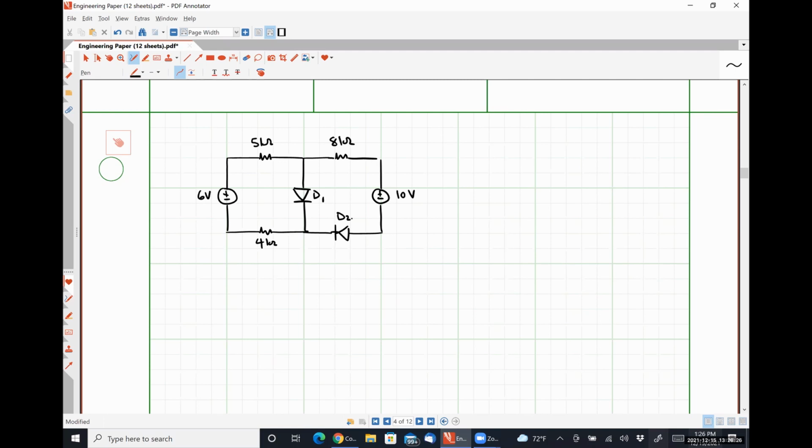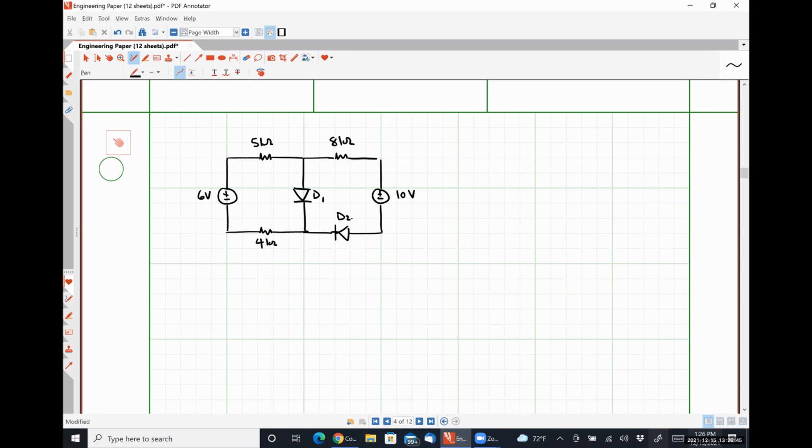Our goal in this problem is simply to determine whether D1 is on or off and whether D2 is on or off. So we want the right combination. Since there are 2 diodes, there are exactly 4 combinations that we could potentially have to go through, okay?